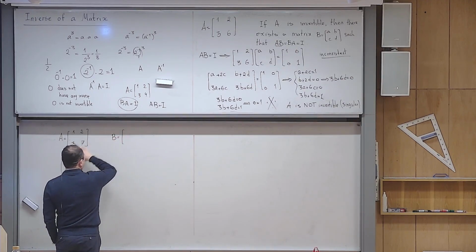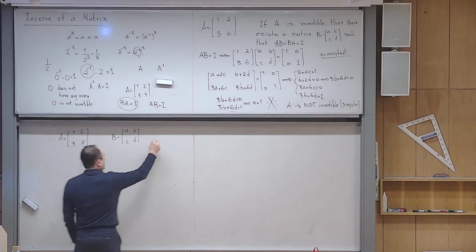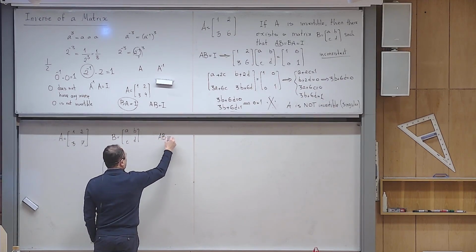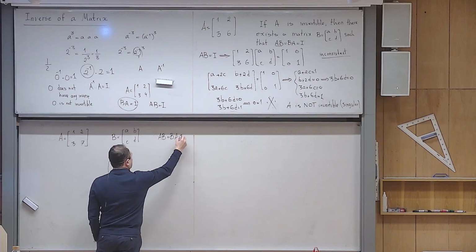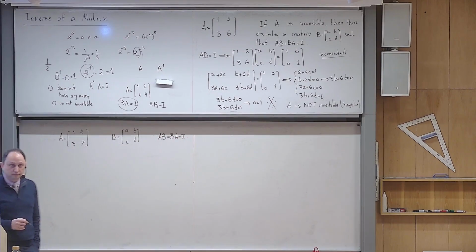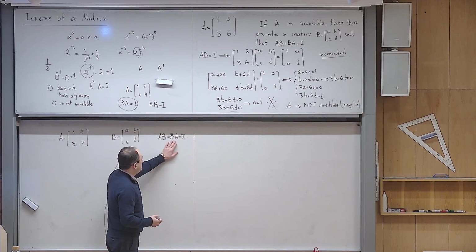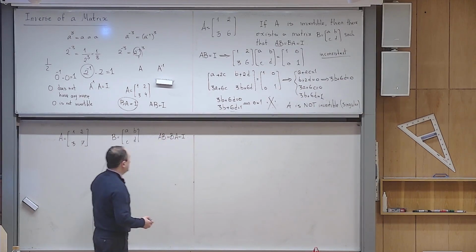It means if it is, there exists a B such that AB is equal to BA is equal to the identity. Yes? Okay, let us check. Of course, I have to satisfy both of them to make both of them work, but let us start with one of them.